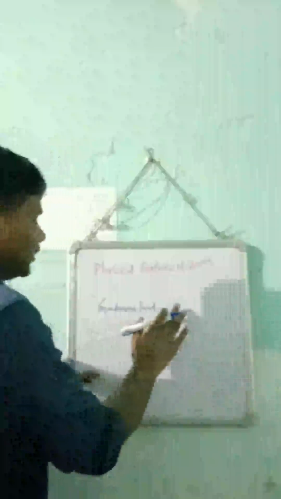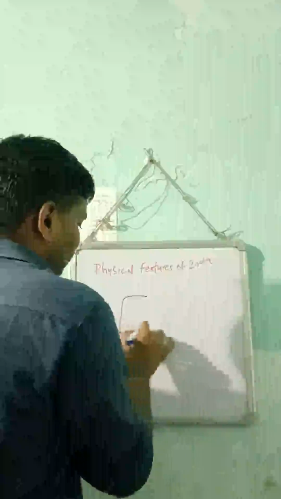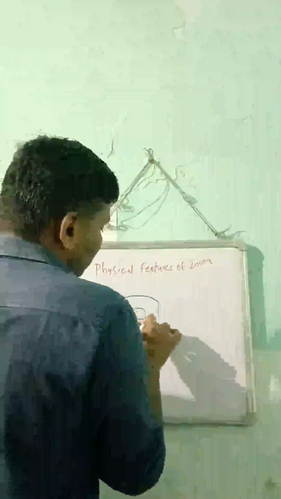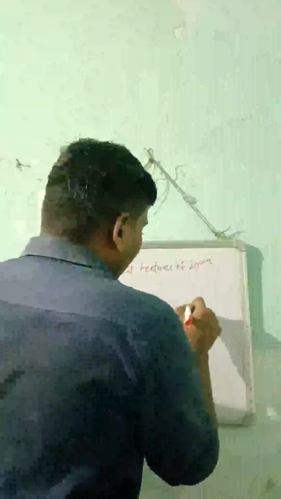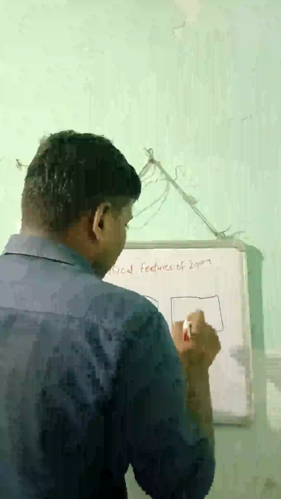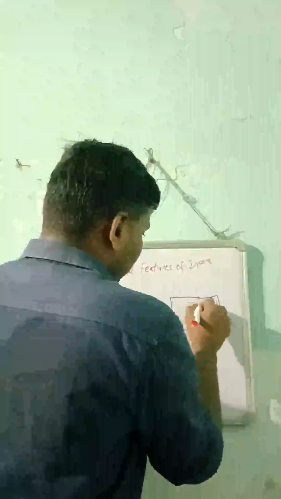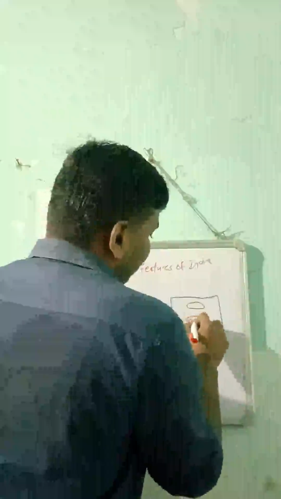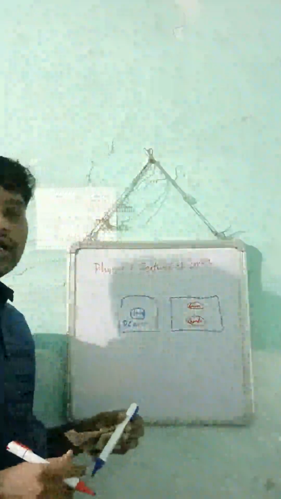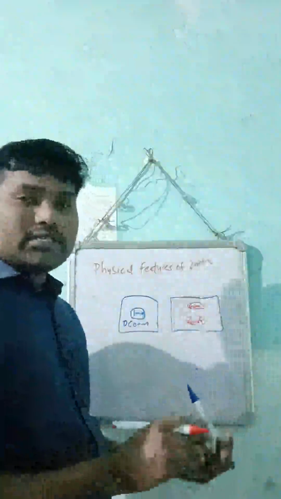Once upon a time, the entire land was one land, with one land and one ocean. Before the Carboniferous period, the land was divided into two parts. This land is Gondwana land. This land is Eurasia or Angara land. Eurasia is nothing but Europe and Asia land.